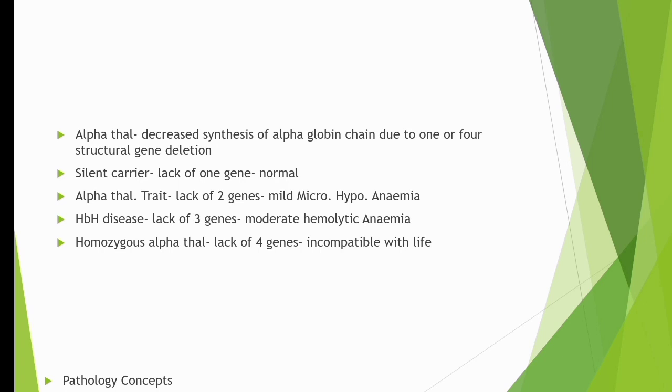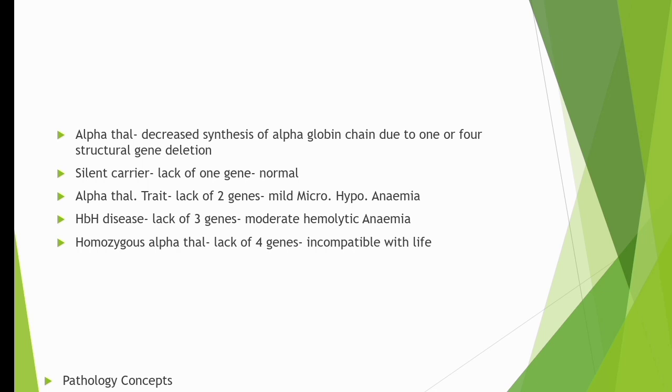Alpha thalassemia syndromes are due to reduced alpha globin chain synthesis due to one to four structural gene deletions. First is silent carrier state. When one gene is deleted, it is hematologically normal. Second is alpha thal trait. When there is lack of two alpha globin genes, it shows mild microcytic hypochromic anemia.